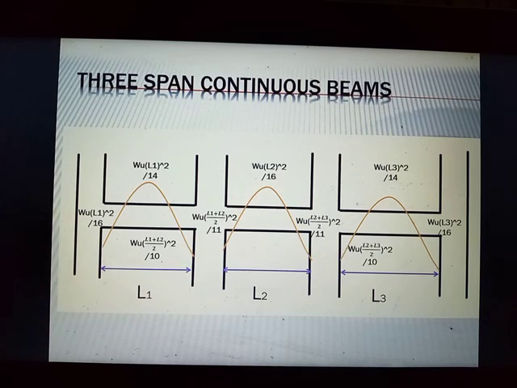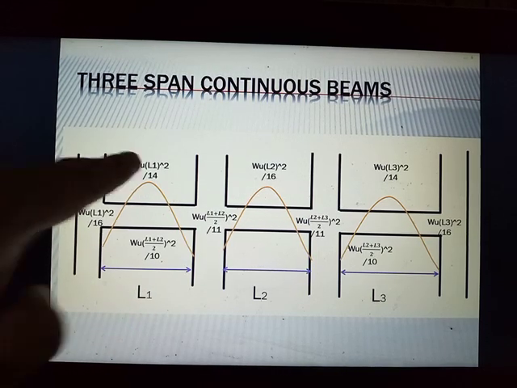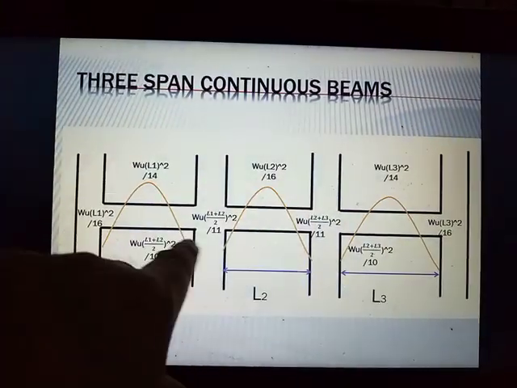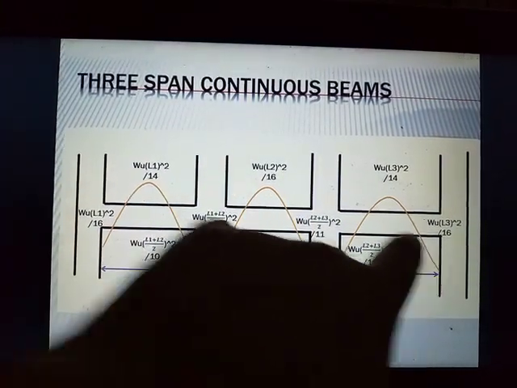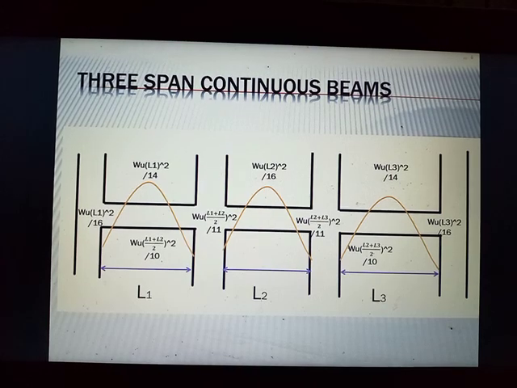Also for this positive, negative, and negative. I did not include the sign convention yet, so that you will not be confused with what is mentioned in the tables.